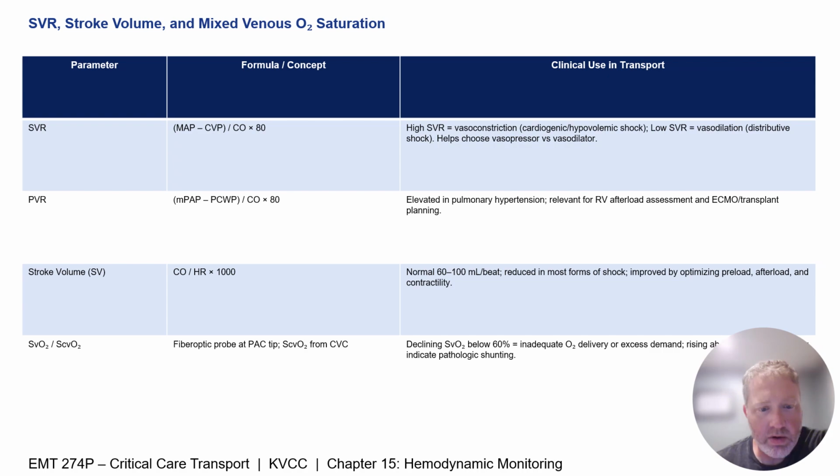Stroke volume is your cardiac output divided by your heart rate times 1,000. Usually it's around 60 to 100 mLs per beat. Your stroke volume decreases in most forms of shock, and is improved by optimizing preload, afterload, and contractility.